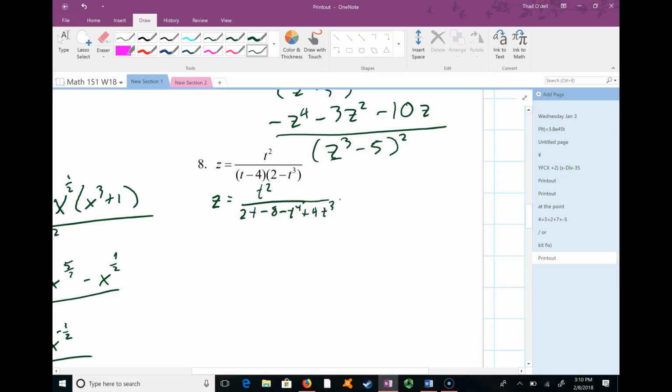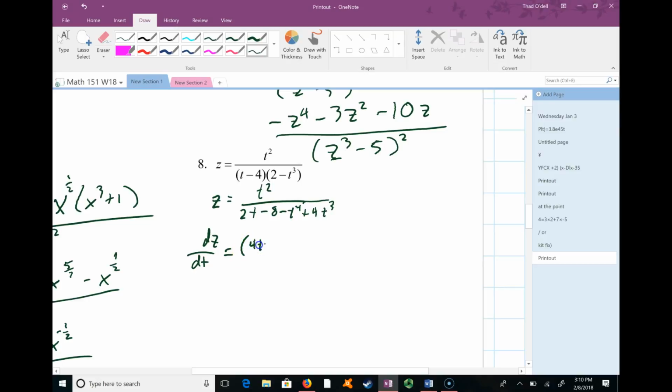Sorry, my brain wasn't working very fast there. Okay, so now I can take dz dt is really what I'm doing here. So those can't combine at all. That didn't really help me that much, but multiply that out.